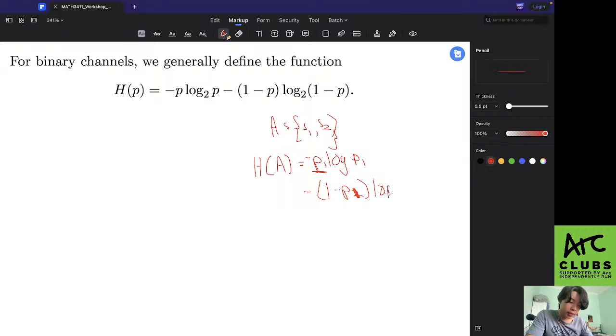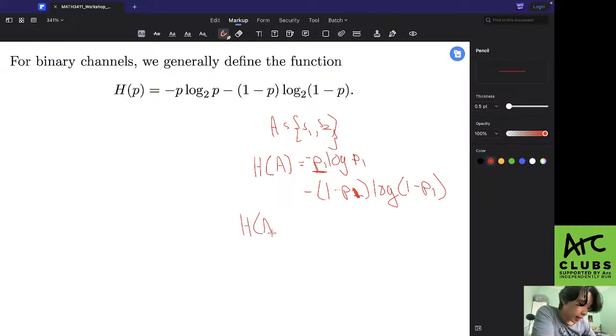And we can use the same probability in our information formula. And we get this formula. And so it turns out, to calculate the entropy of a given binary channel, we only need one probability, right? Since one determines the other. And so we have a bit of a formula.